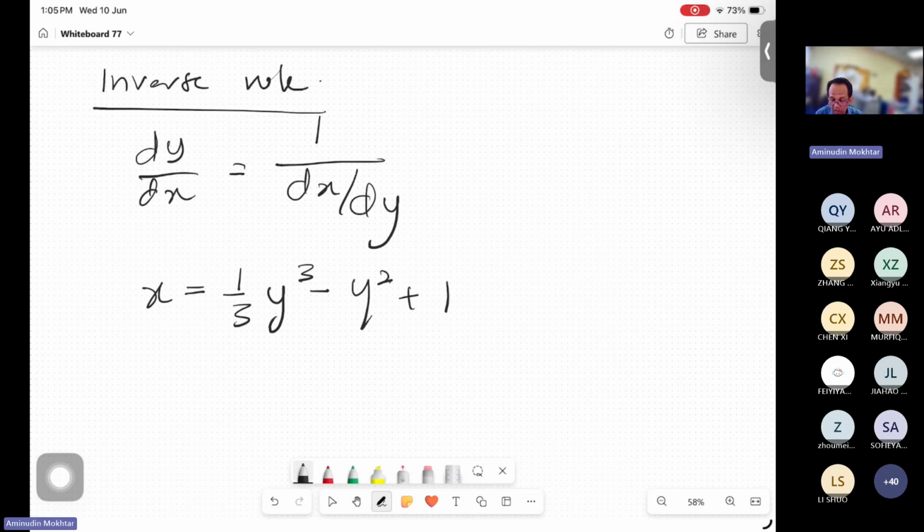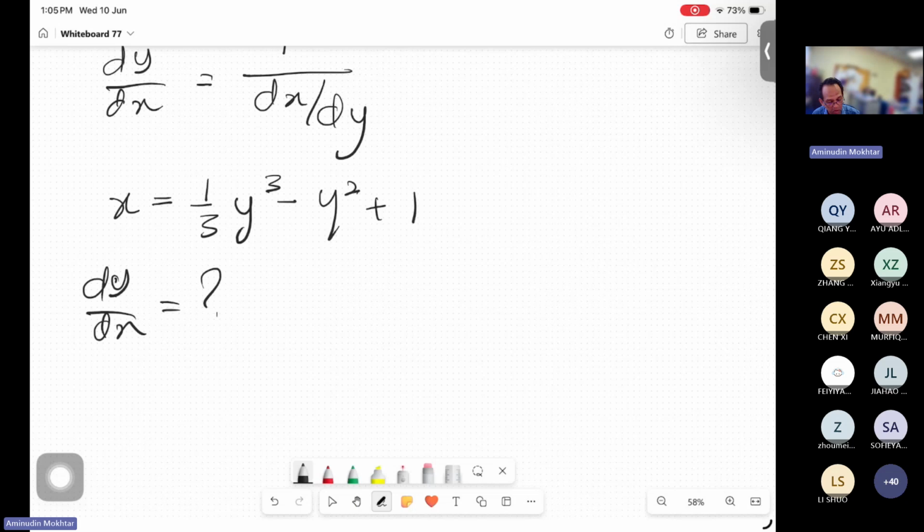We need to find dy/dx. So based on this equation, we can get dx/dy.